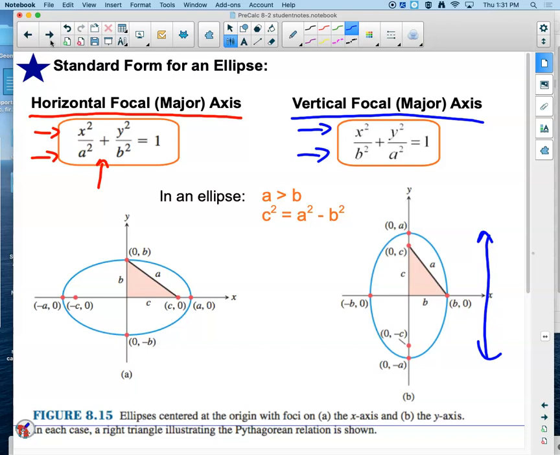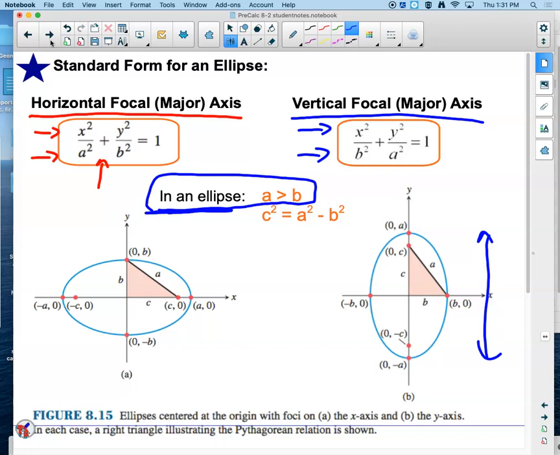And then, hopefully you're saying to yourself, well, how am I going to know which one's a and which one is b? Well, this is something that occurs specially only with an ellipse, and that is the a value is always the bigger of the two numbers. So a squared will always be bigger than b squared. So we're going to know where a is by looking at the denominators and saying, okay, which of these is the larger of the two?